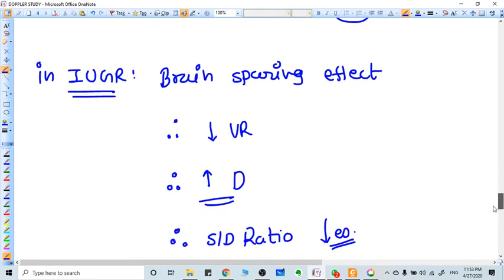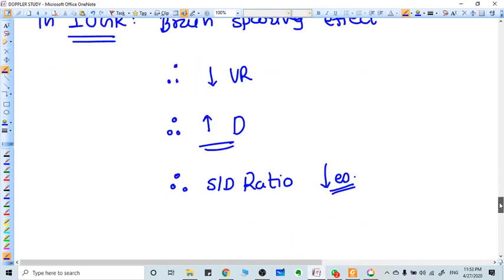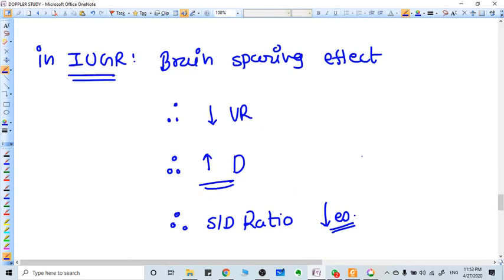The second importance of MCA flow is because of IUGR. When there is an intrauterine growth retardation, the brain is spared. All other organs have the problem, but brain has less problem at last because brain is spared.